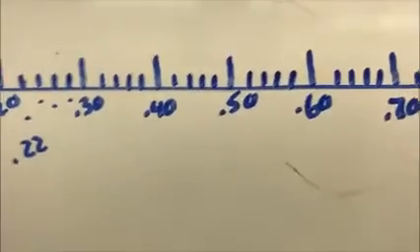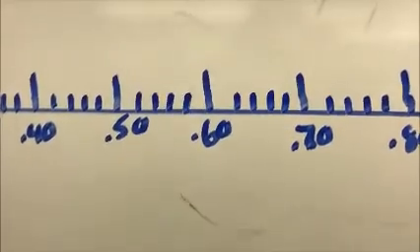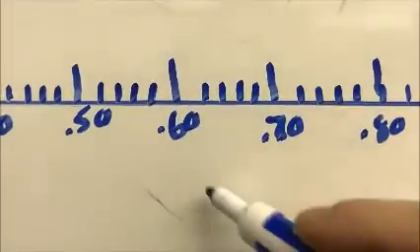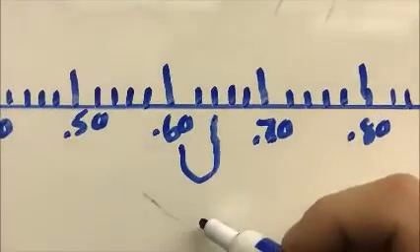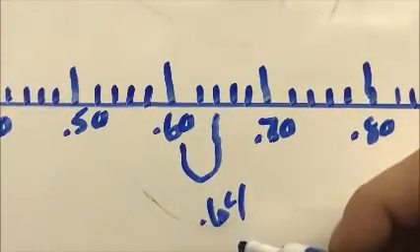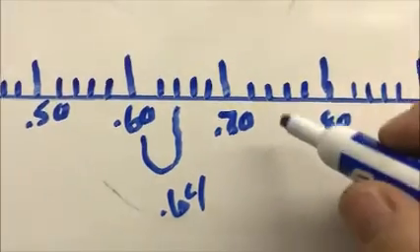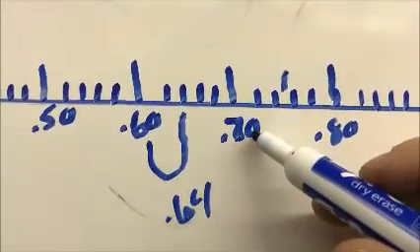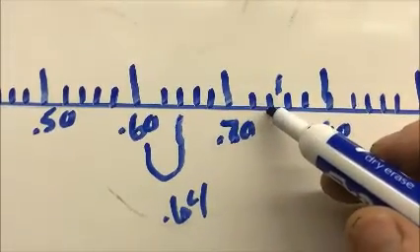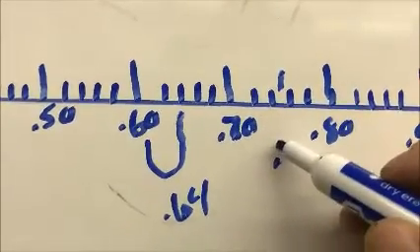When you have those small lines, it's easy to recognize where you're at. So if we go to right here, what do we think that is? 0.64. What if we went right here in between these 2 lines? 0.70, 72, 74, we're in between, so 0.75.